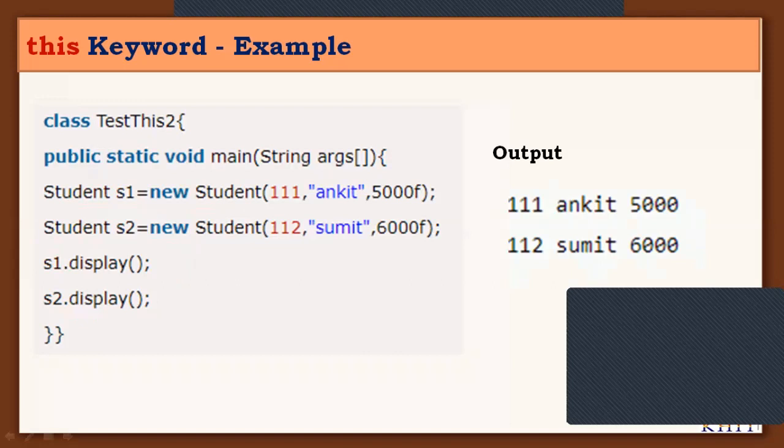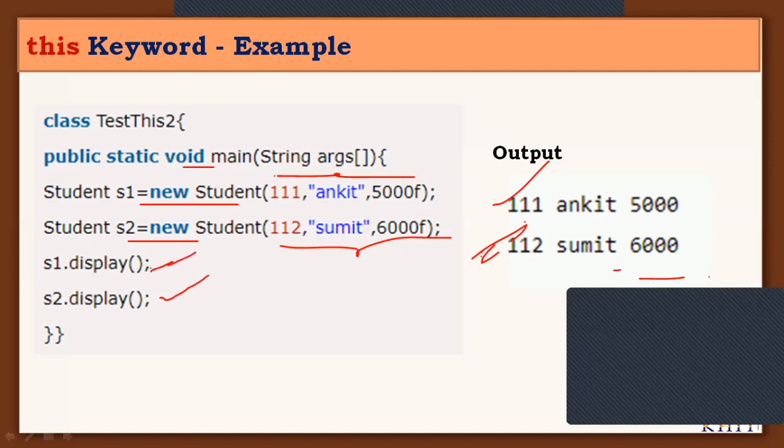Inside another main class, we are creating objects student1 and student2 by passing these values differently. It displays the student information by calling the display function through objects S1 and S2.